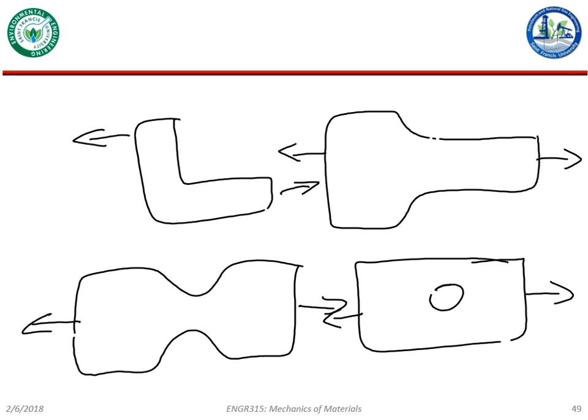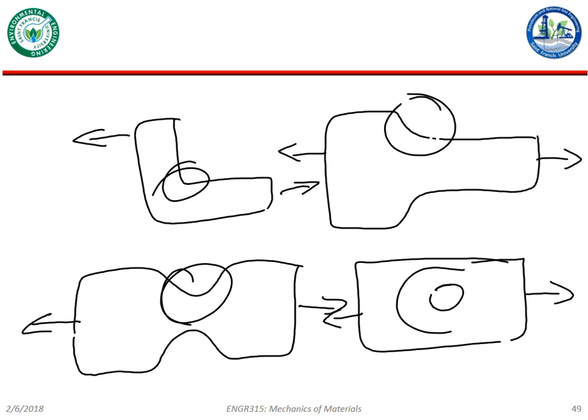It's how the load is transmitted, how the stress is transmitted through the structure, changes between cross sections. And because it's changing between cross sections, it means that there's a stress concentration wherever that occurs. So here, here, here, and here. And the more abrupt that change, the higher the stress concentration.